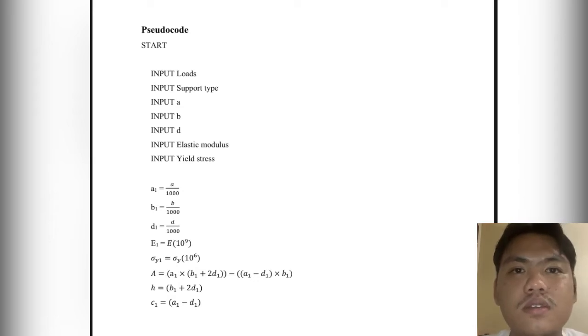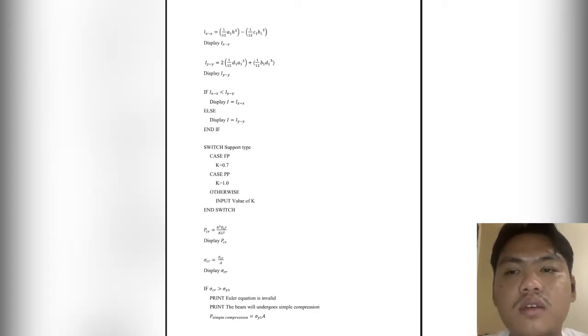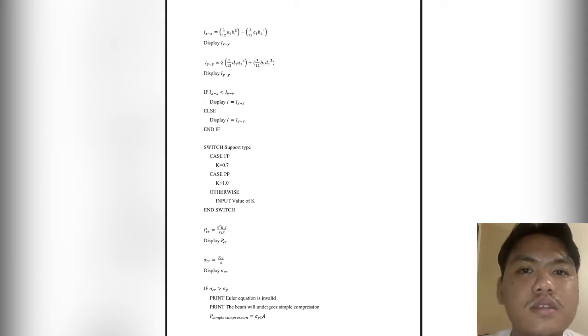First, start the pseudocode and input the value of load, support type, A, B, D, elastic modulus, and yield stress. Second, calculate the value of area, H, and C1. After that, calculate the moment of inertia x-axis and y-axis and determine the moment of inertia of the beam, either it equal to inertia x-axis or y-axis.